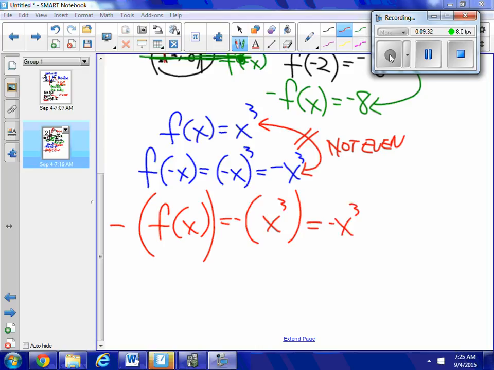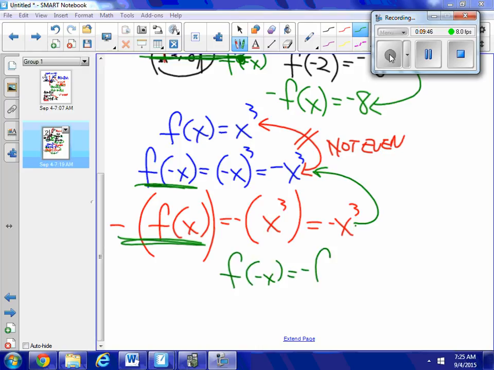And I can see that negative x cubed, that is negative f of x, is the same as negative x cubed, which is f of negative x. So my f of negative x is equal to my negative f of x. So this function is, in fact, odd.